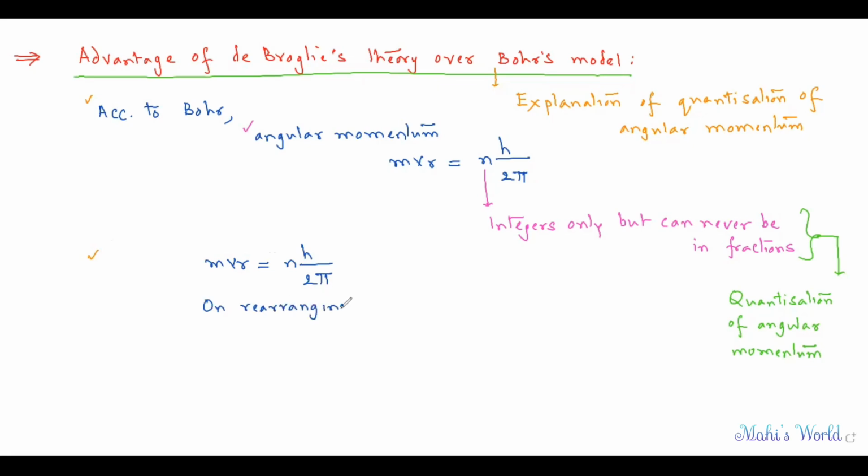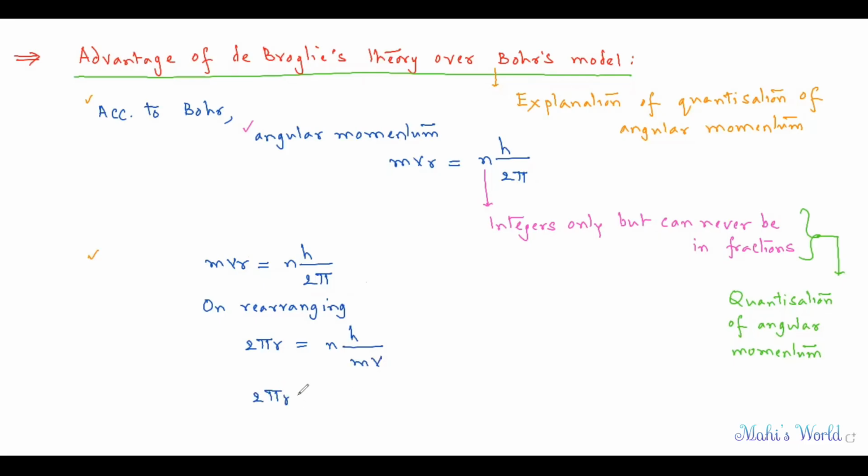On rearranging, I am taking the 2 pi onto this side, and n, h onto the other side. So let me write it as 2 pi r is equal to n into h by mv.